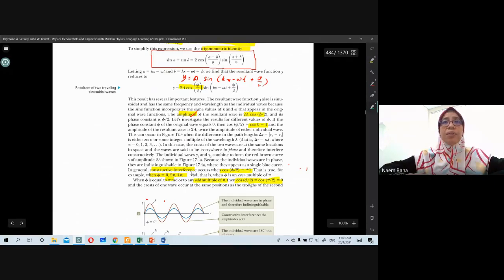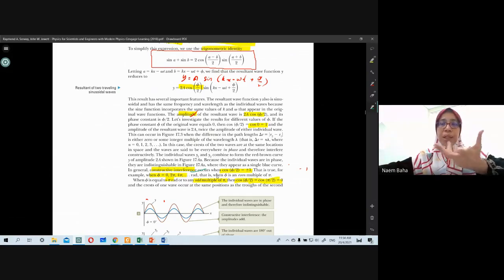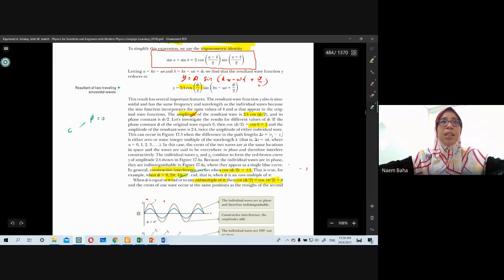So when constructive interference occurs, the cos(phi/2) just now is positive or negative 1, which is what I said earlier. Therefore, the angle needs to be in the form of 0, 2 pi, 4 pi.